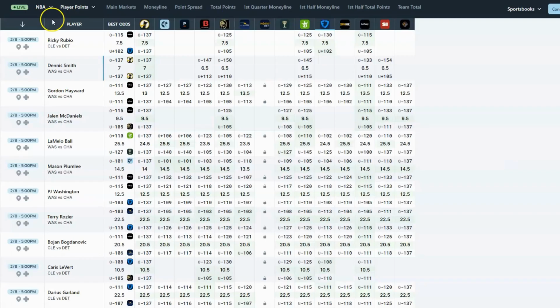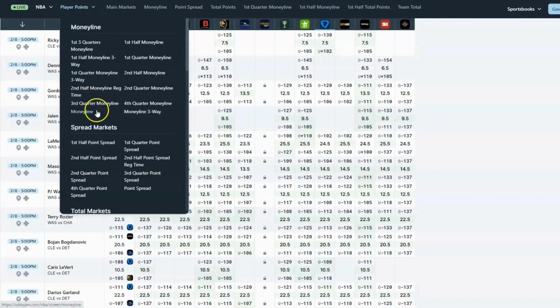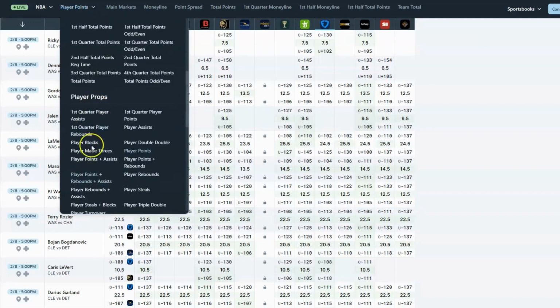We'll pull it up next. All right, guys, so what I've done is I've actually gone to the odds screen. The odds screen is available to look at all the mainline markets, like, for example, money line, point spread, totals, and the first half, first quarter, things like that. But we're going to do a drop down here. When you hit this tab, you'll see all the player prop markets right in here, okay? And what's very important to note is that some of the tools are going to work a little bit better because you're going to have markets that are completely different.